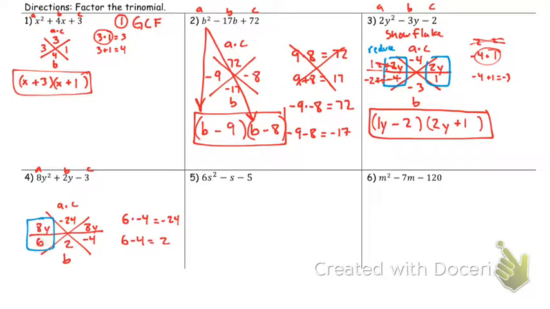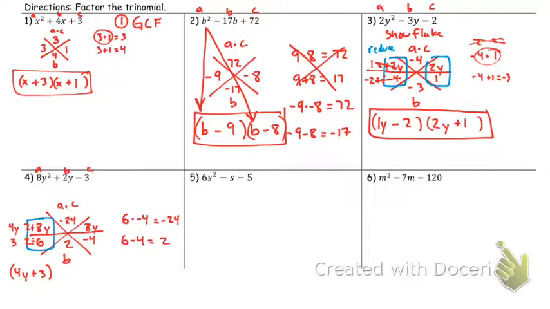So let's divide by 2 here and here. This is going to give me 4y on top and 3 on the bottom. So that's going to be my first parentheses, 4y and positive 3.